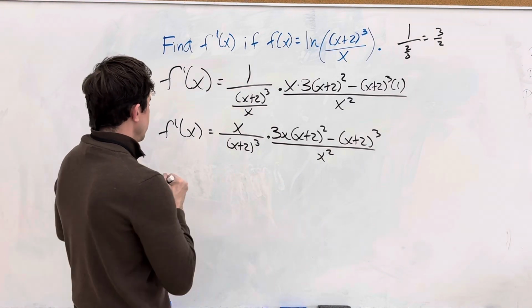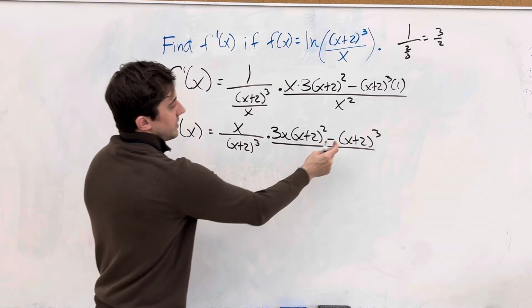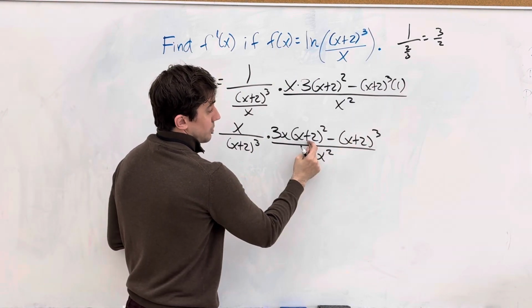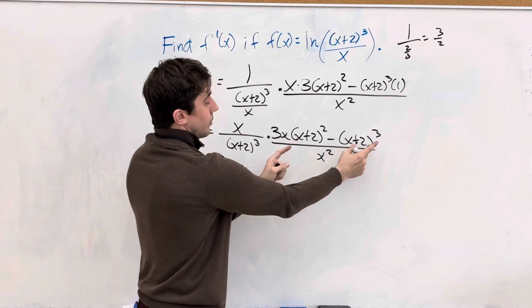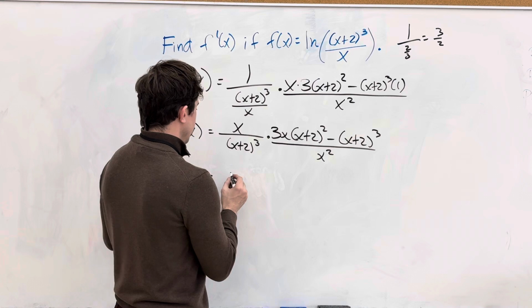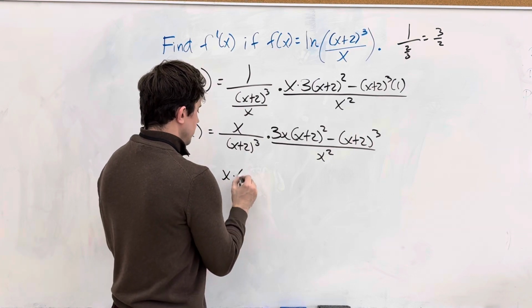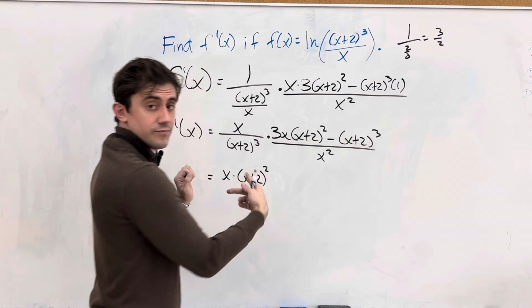Now, what can we do to simplify some more? We can factor from these two terms an (x plus 2) squared. You'll see that this entire term and this term both have an (x plus 2) squared factor and more. And so that means we can do x times (x plus 2) all squared, because this is all being multiplied, right?